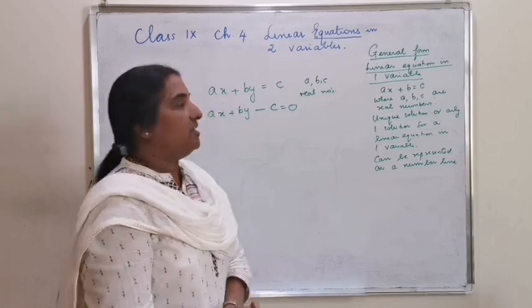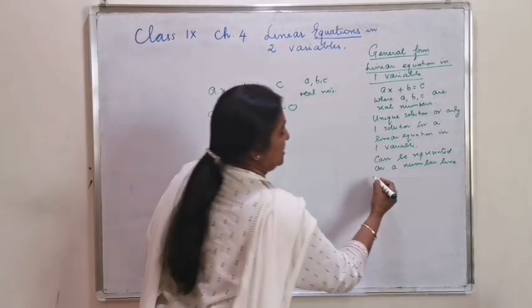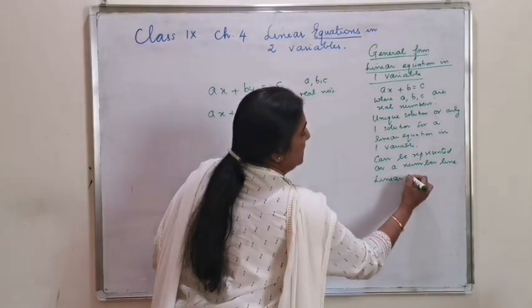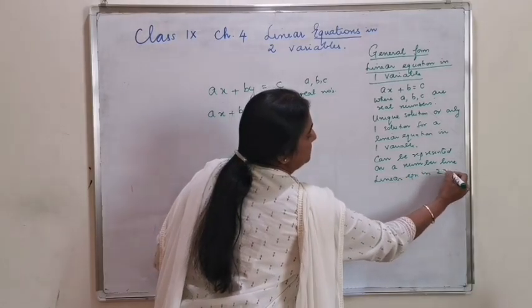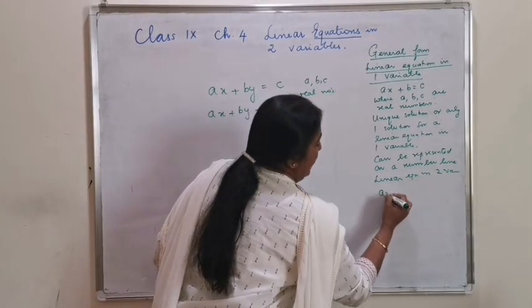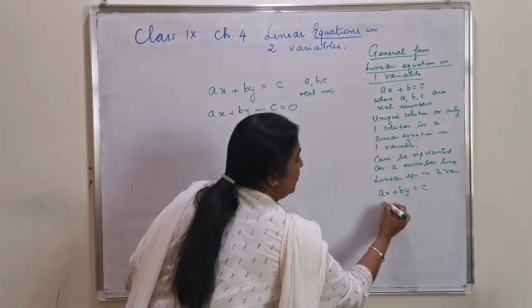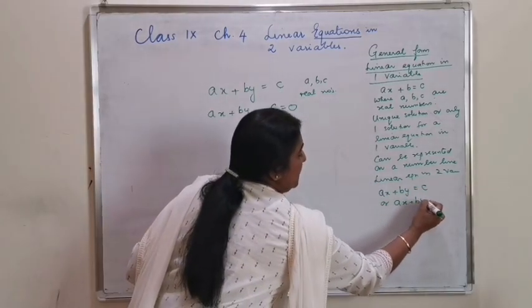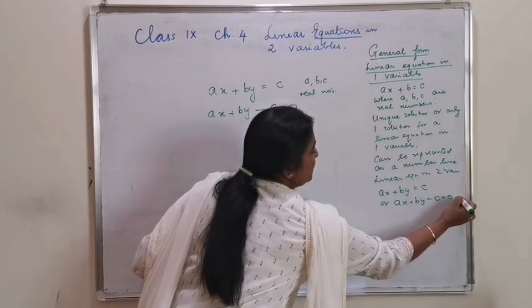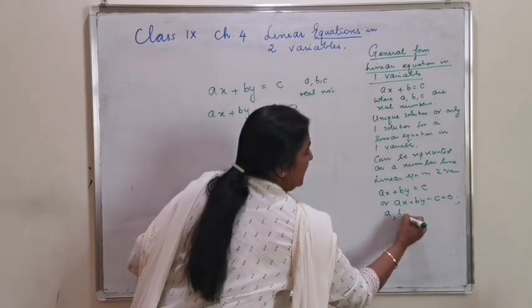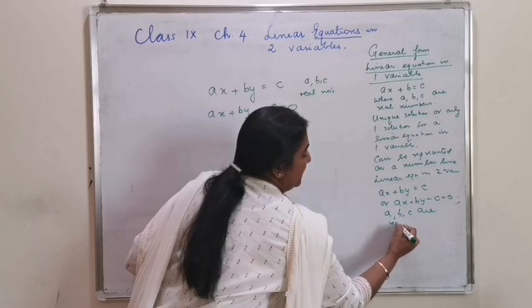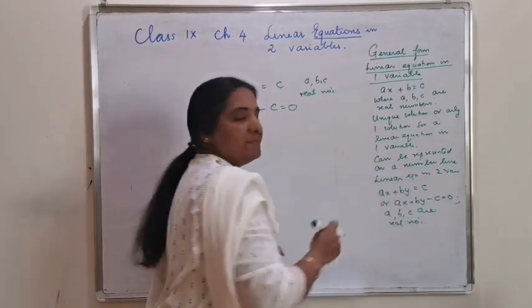So the general form of a linear equation in 2 variables is ax plus by equal to c, or ax plus by minus c equal to 0, where a, b, c are real numbers.